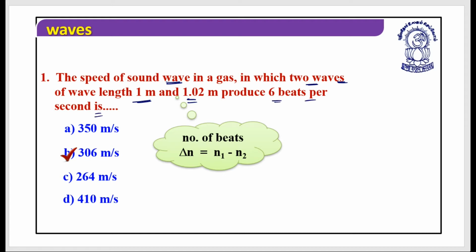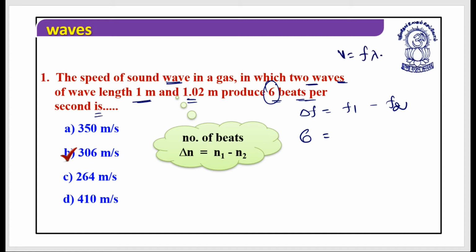Okay, so what we are supposed to do is that delta f would be equal to f1 minus f2, and as they have mentioned, they produce 6 beats per second, so this is 6. Now when we say it's the speed of the sound wave in a gas, that means v is equal to f lambda.